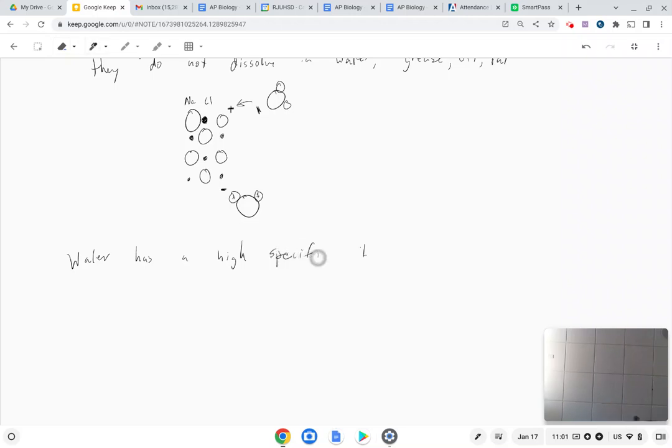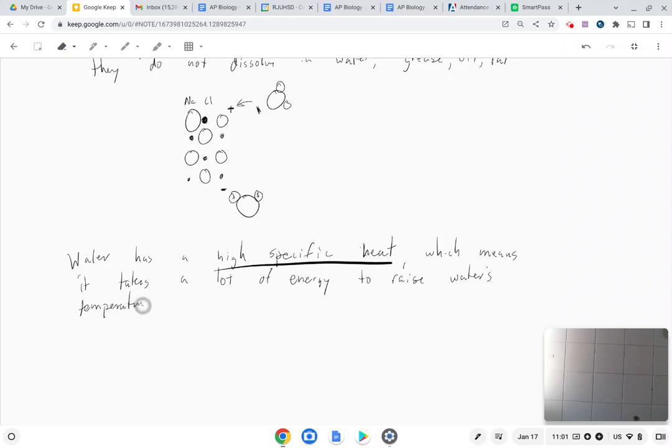Specific heat, which means it takes a lot of energy to raise water's temperature. Another way of saying this is that water is thermally stable.